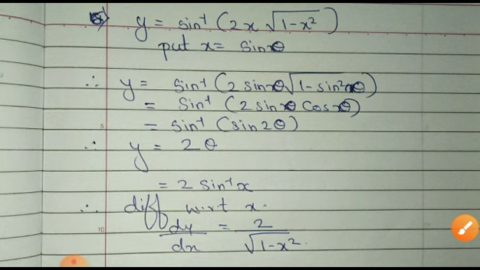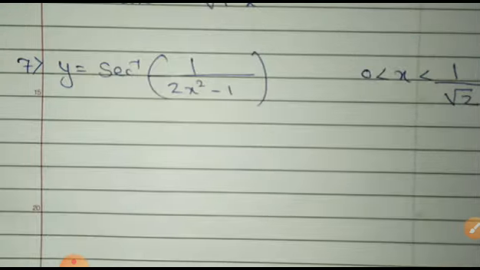So now differentiate on both sides. The derivative of sine inverse is nothing but 1 by root of 1 minus x square. So this is the derivative. Hope this is clear.